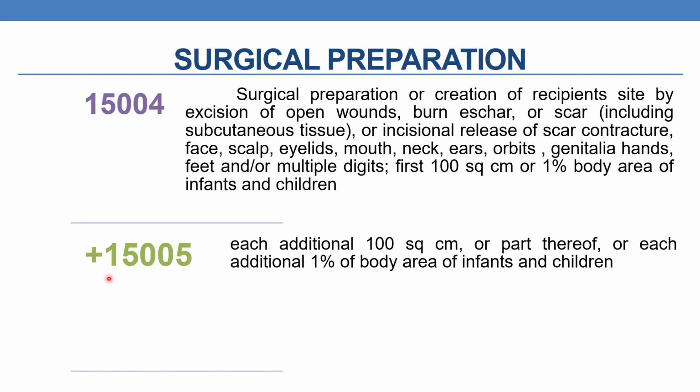And this is an add-on code plus 15005 that must be used in conjunction with 15004 for each additional 100 square centimeters or part thereof, or each additional 1% of body area of infants and children.